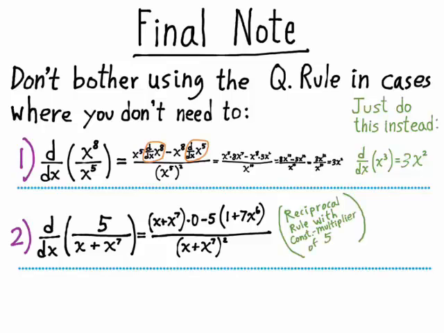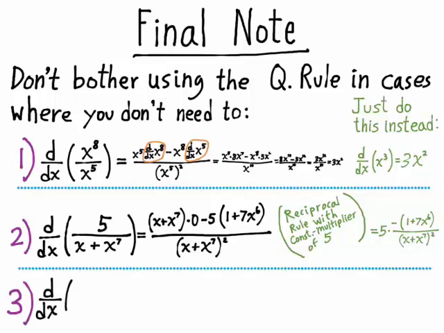It's the derivative of the reciprocal of x plus x to the 7th. So all you need to do is take negative the derivative of x plus x to the 7th divided by x plus x to the 7th squared. The reciprocal rule gives it to you in one step, and you can see that it gives you an equivalent answer. So don't bother using the quotient rule when the numerator is a constant.